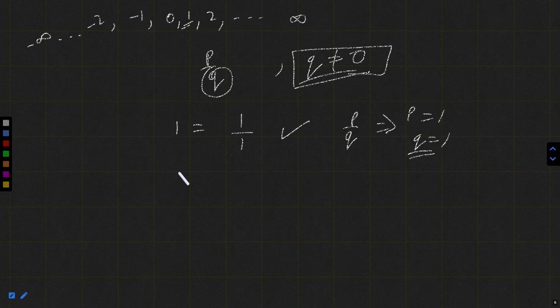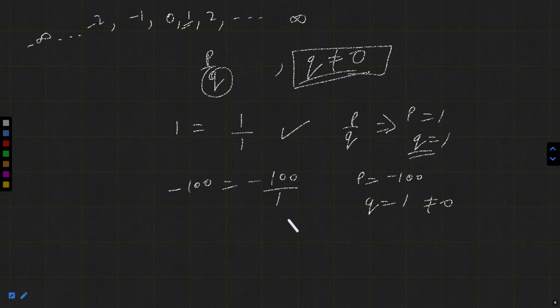Similarly, I can take any integer number, say minus 100, and write it as minus 100 upon 1. Here P is equal to minus 100 and Q is equal to 1, where Q is not equal to 0.